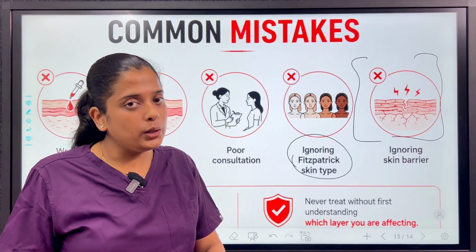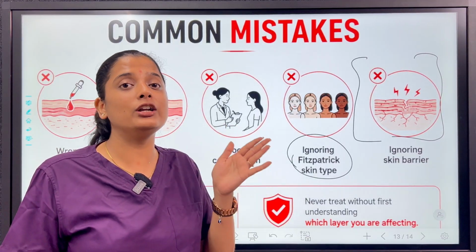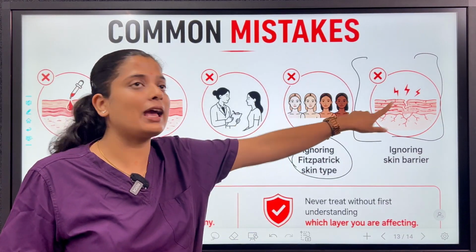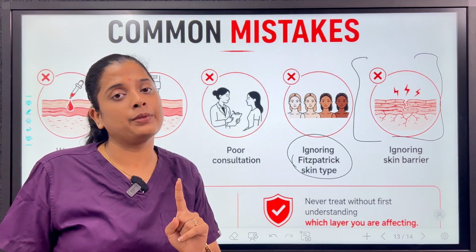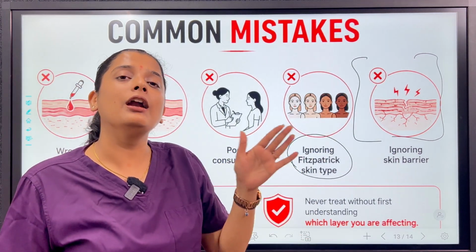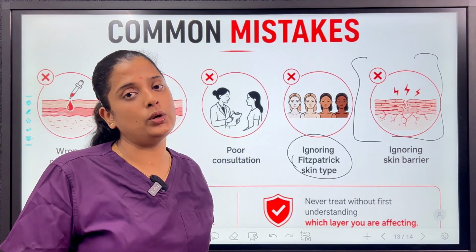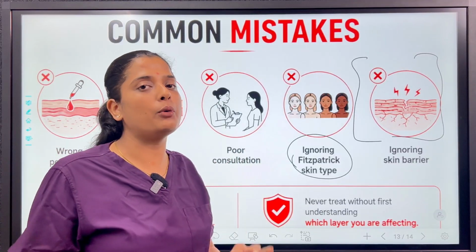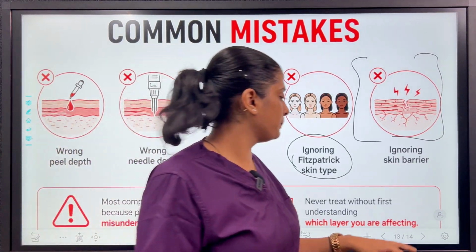You need to evaluate, you need to consult properly, you need to check properly, you need to tell them what the major issue is. And yes, this can be one of them. If you do not treat this, whatever treatment and skincare you do, it will always end up in irritation only. That is the reason the skin barrier is a very important part of the skin journey.